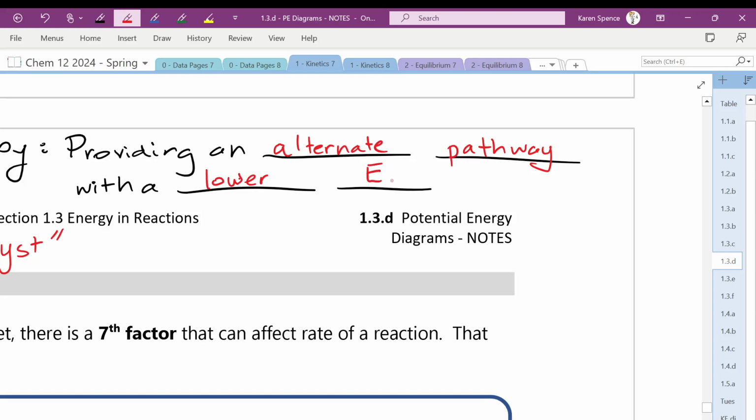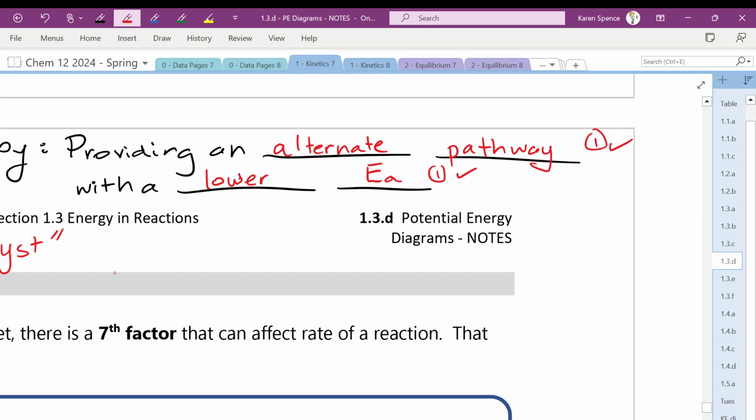I'm just going to put EA because I'm writing up at the top of the page and we don't have a lot of room. Now, that would get you 2 marks if this were a 2-mark question, right? 1 mark here, 1 mark here.